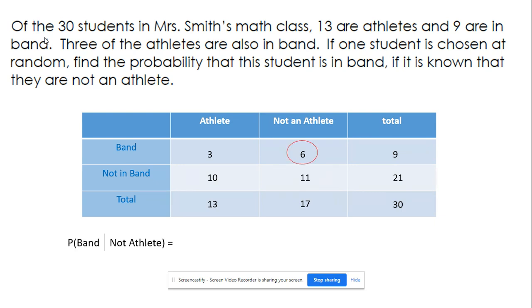So there are 6 students in band that are not considered an athlete. That'll be your numerator. Now, the denominator would be represented by if it is known that they are not an athlete. So that's your total for not an athlete. Therefore, the probability of being in band, given that they're not an athlete, is 6 out of 17.